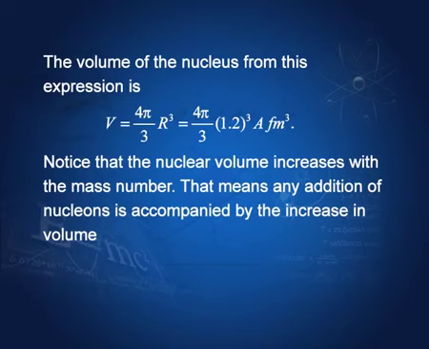So, 4π/3 times the cube of 1.2 A^(1/3); when you raise it to the power 3, it becomes A. That is the volume of the nucleus in Fermi cubed. Notice that the nuclear volume increases with the mass number, proportional to A. So, as A increases, as you go to larger nuclei, the radius also increases.